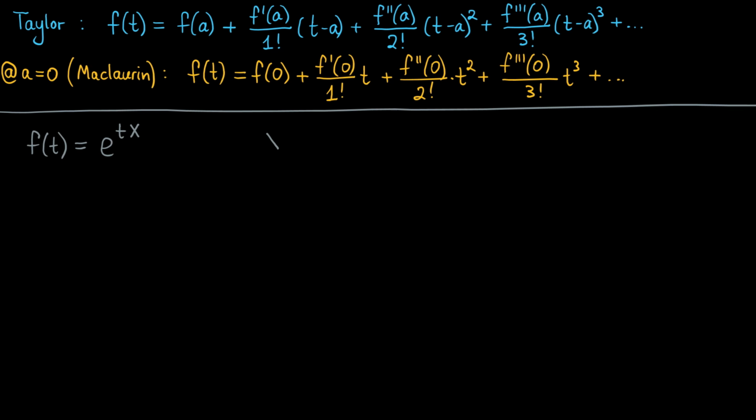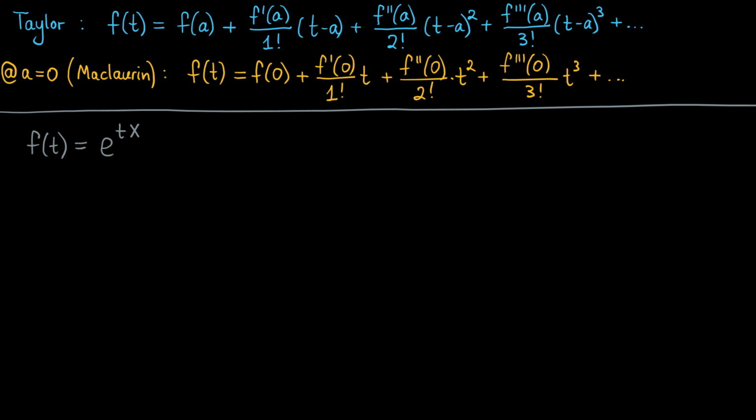Well, perhaps we were interested to begin with in random variable x, and then we said, why don't we form another random variable, e to the power of x, which is a deterministic function of x. And then we said, what if we introduced a parameter t? So x is still a random variable, but t is a parameter. Okay, so let's see what the Maclaurin expansion of this function of t is.